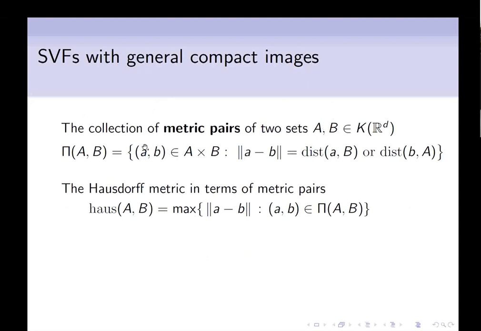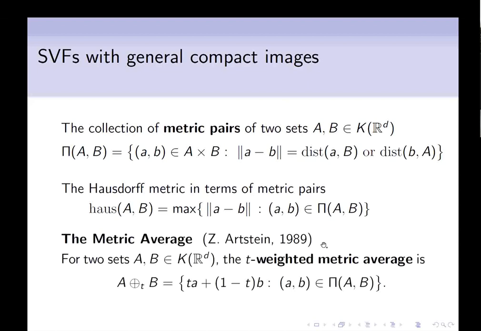It's a pair of elements, a from A and b from B, such that they are closest to each other, which means that b is a projection of a to set B or vice versa. The collection of all these metric pairs we denote by pi. And in terms of these metric pairs, the Hausdorff distance can be written this way.